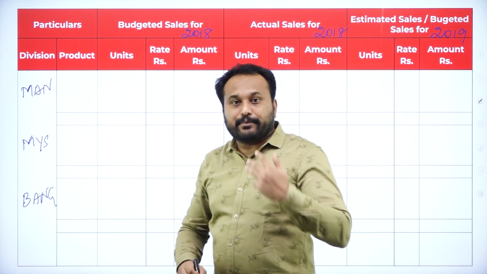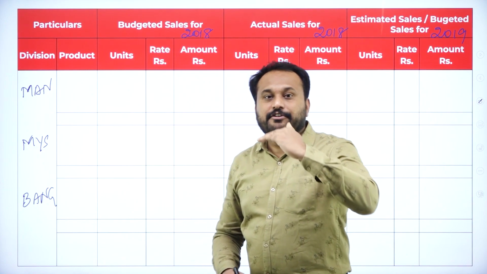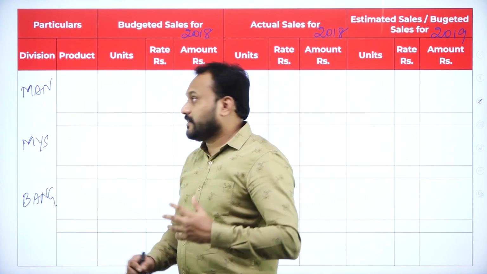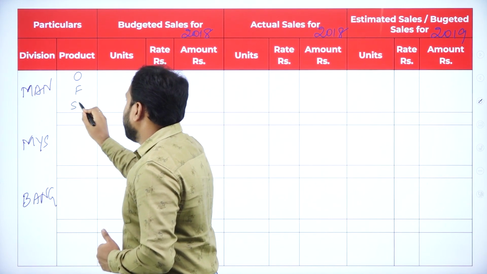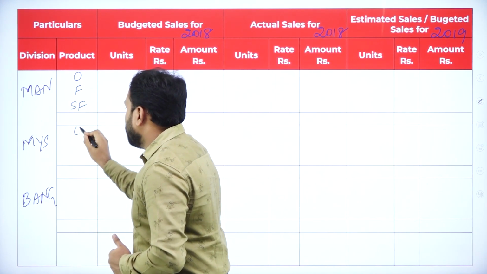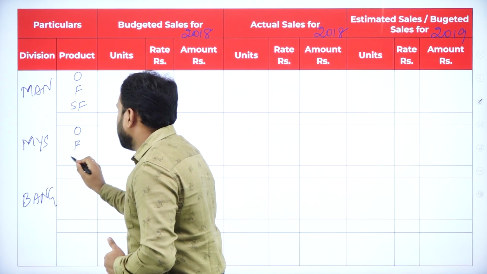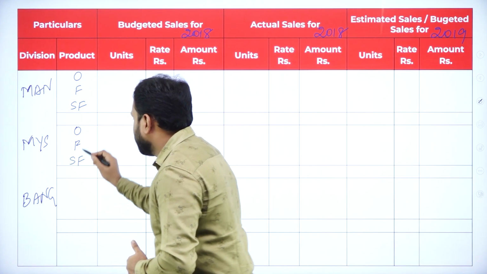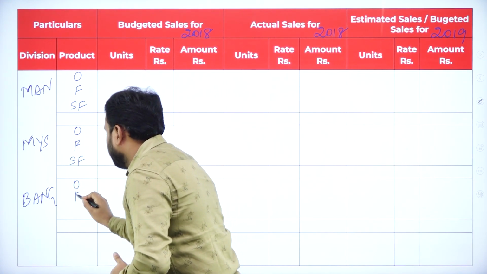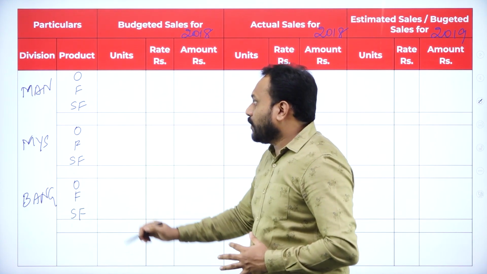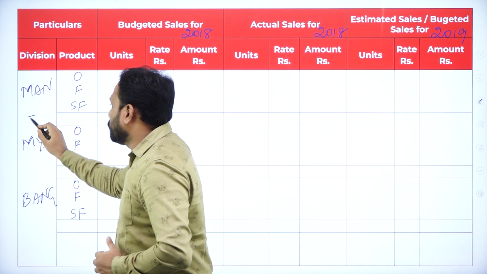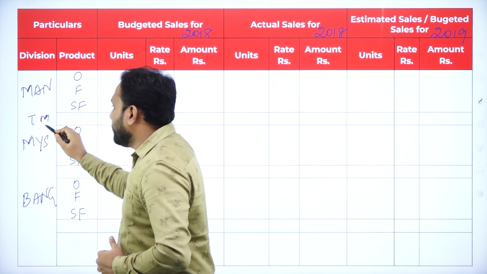Now there are 3 products: ordinary, fine, super fine. I'll be writing like this: ordinary, fine, and super fine. Again, ordinary, fine, and here super fine. Ordinary, fine, and here super fine. Done. So what is this one? This is the total of Mandya.